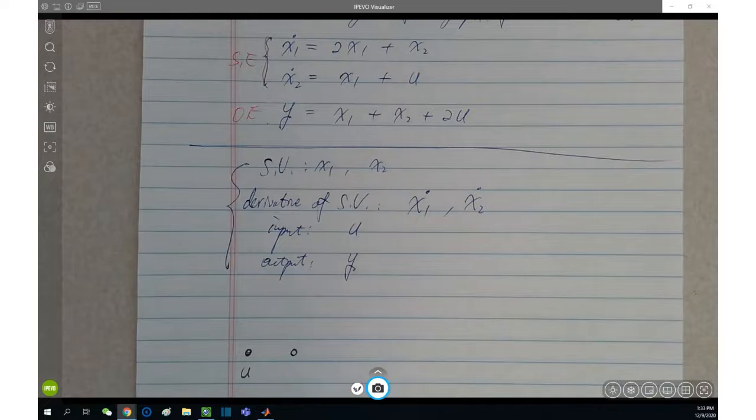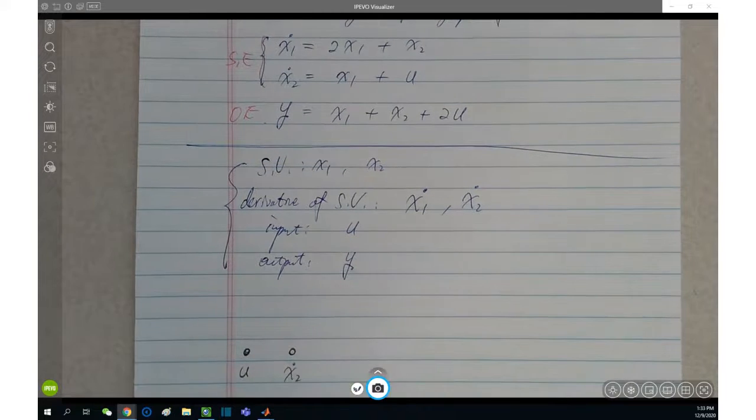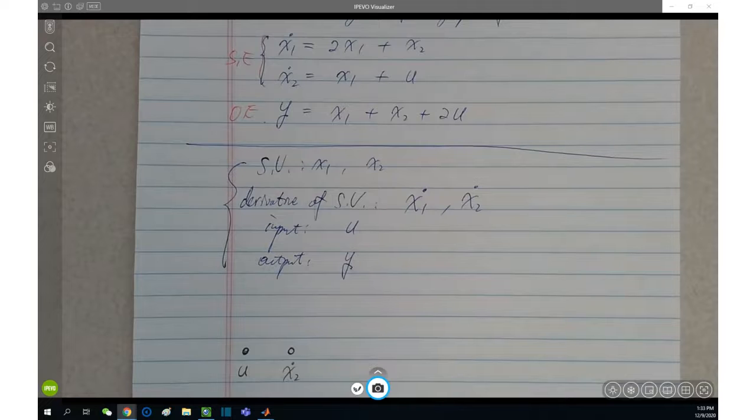The derivative of a state variable n, right? Who is it in this particular example 6? x2 dot. Very good. Alex is right. Does it make sense? This is the very last state variable, x2, in this example.